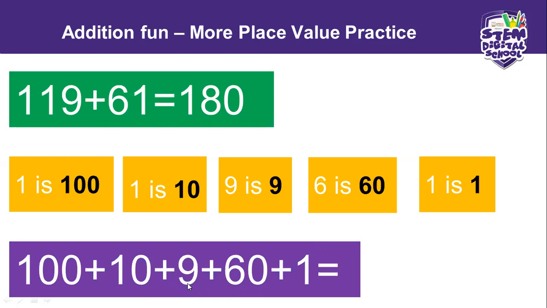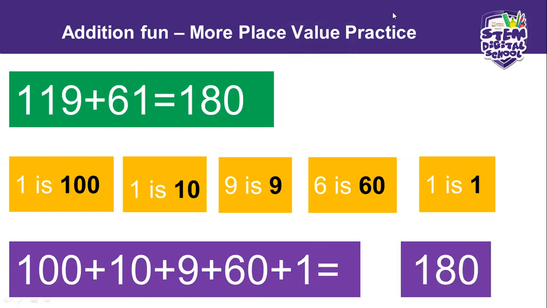179 plus 1 is 180. So you can actually see that nothing has changed. The only thing is that you are showing us you understand place value.